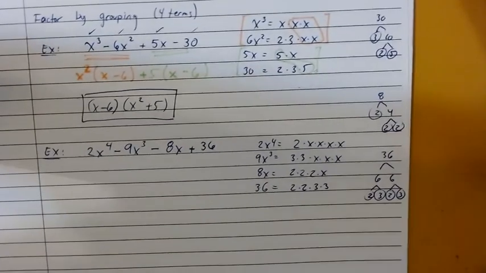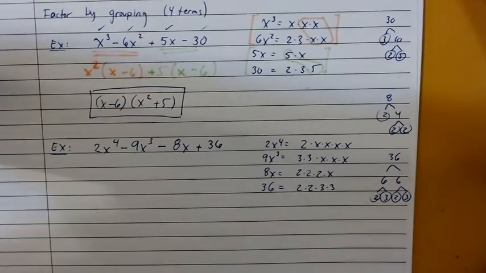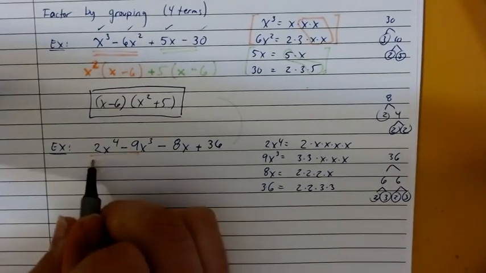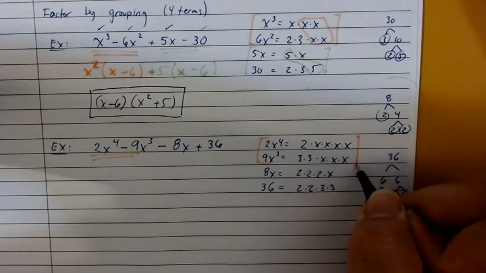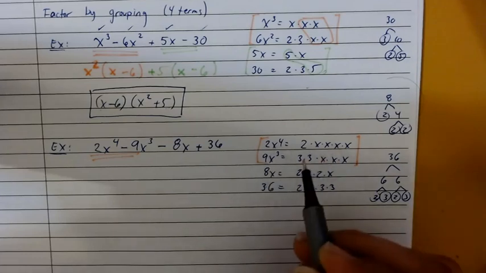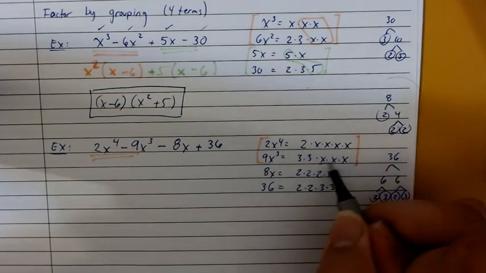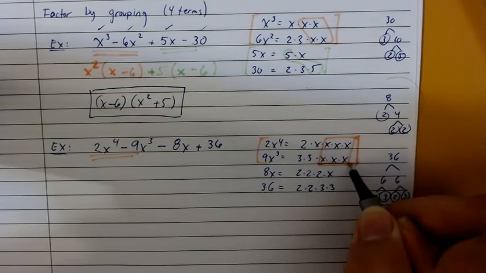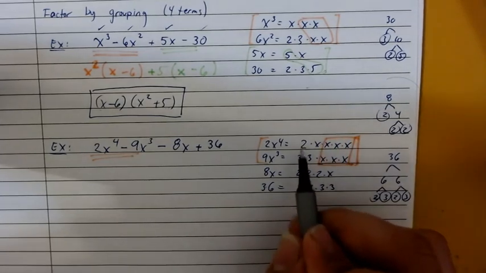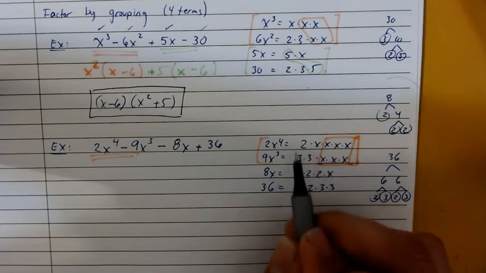All right, so now I'm going to perform my grouping. I'm going to take my first 2 terms and group them together. So that's these 2. And what I'm looking for is what their common factor is, just these 2. Well, they have 3 x's in common. They don't have any constants in common, just the x's.